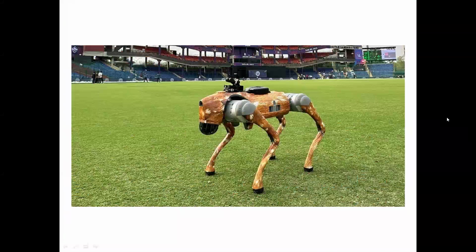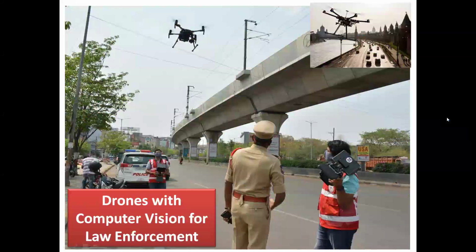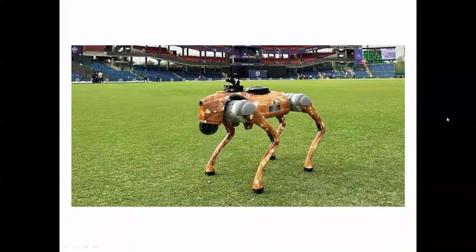It is connected to a satellite, it is connected to a base station, but in which way is it identifying the obstacle, and in which direction it should move, left or right? It should not collide with any player, with the ball, or with any boundary wall. It should move independently, taking care of the obstacles in the surroundings. Taking care of the obstacles means computer vision.